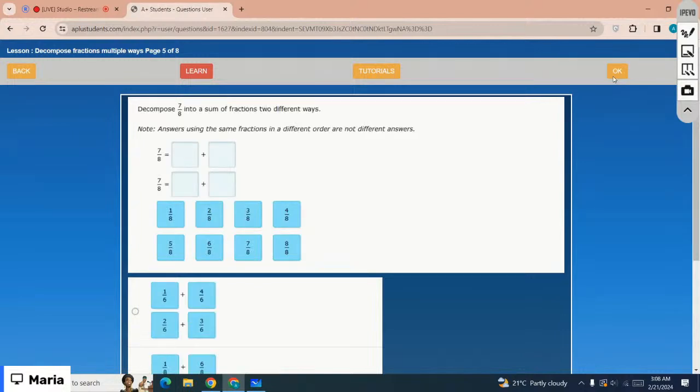Okay, the next one is decompose 7 by 8 into a sum of fractions two different ways. So how do you make 7 over 8? Which is the correct option?